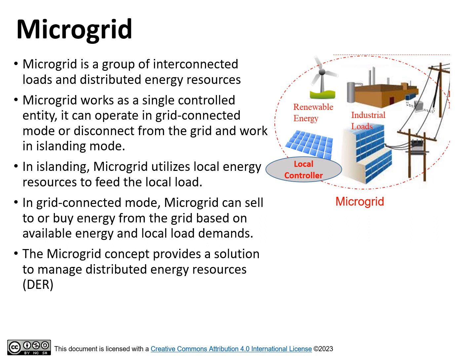In islanding mode, microgrid utilizes local energy resources to feed the local load. In grid-connected mode, microgrid can sell to or buy energy from the grid based on available energy and local load demands. The microgrid concept provides a solution to manage distributed energy resources.